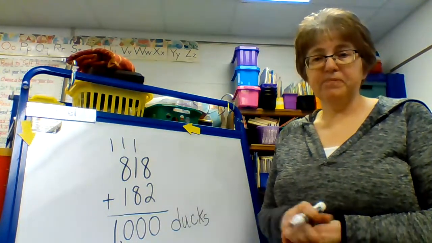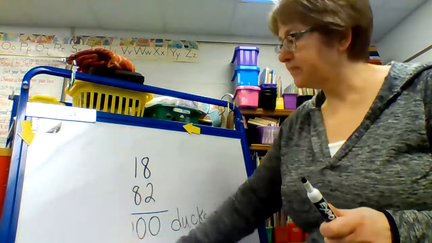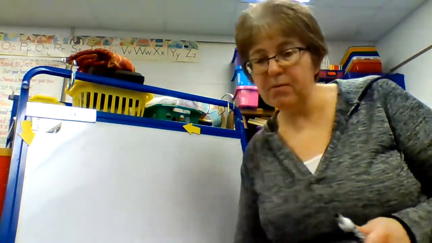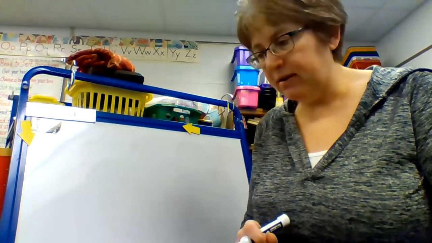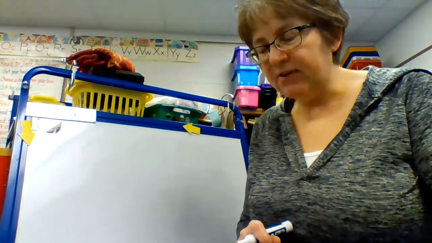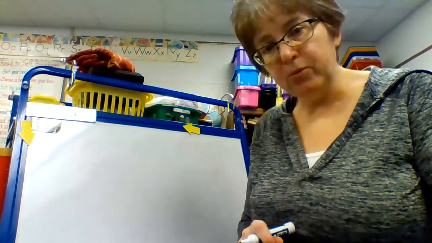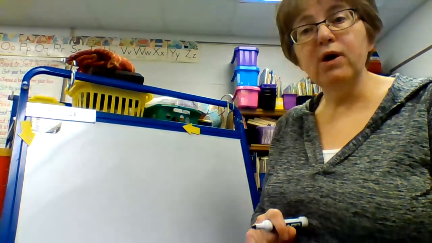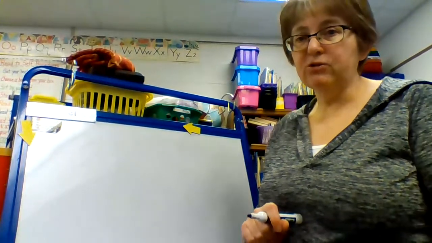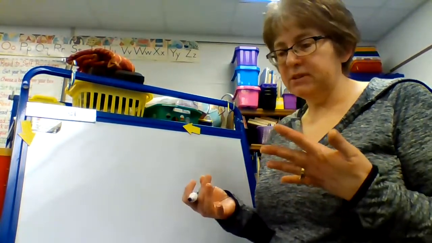Okay? All right, good. Now let's look at problem number 4. Problem number 4 says there are 189 children at Camp Sunshine. There are 375 children at Camp Bluebird. How many children are there at the two camps? So we have children in two different camps, and we want to know how many children there are at both all together.